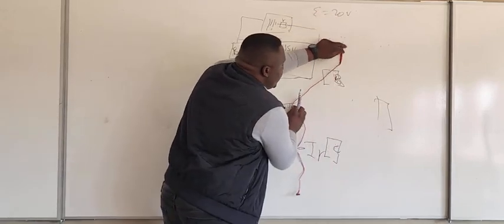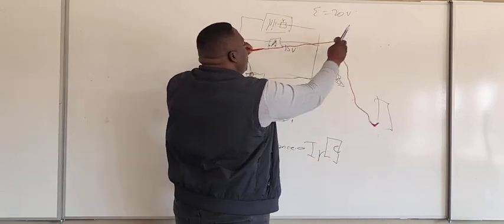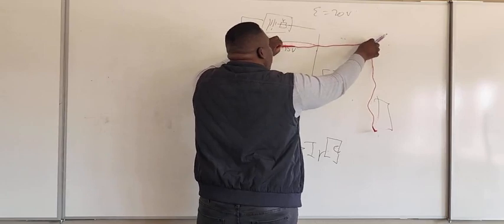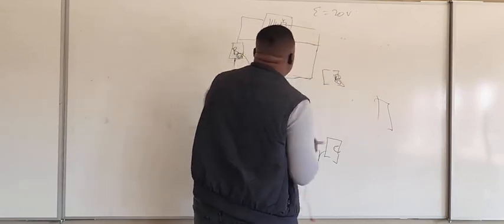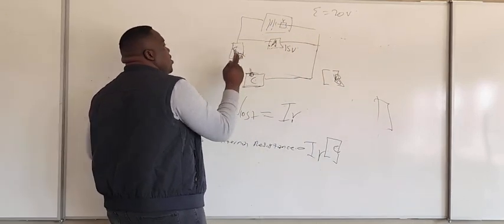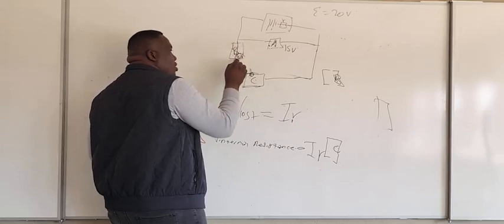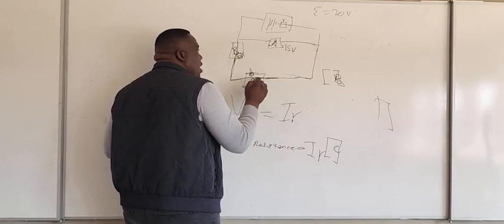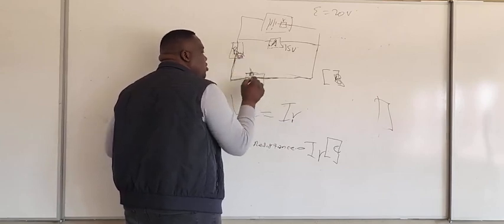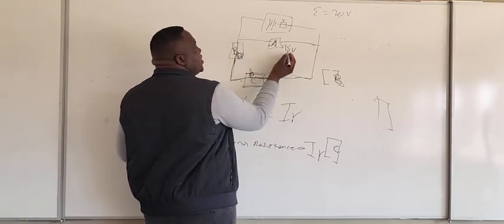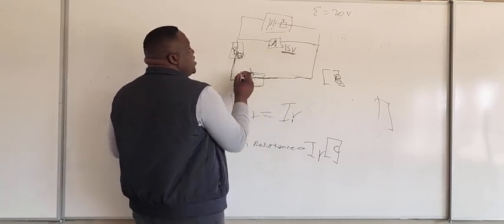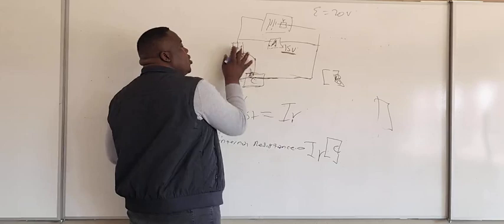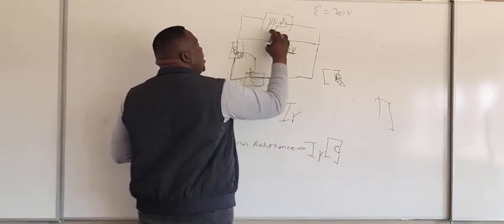Understand? Even if the cable is bent like this, it's still the same cable. It is only one cable. So you can see that here we've got one cable which passes through B to C, connecting B to C. So the voltage on the 15 volts is equal to the voltage across the two, not one of them, across the two, because both of them are parallel with this one.